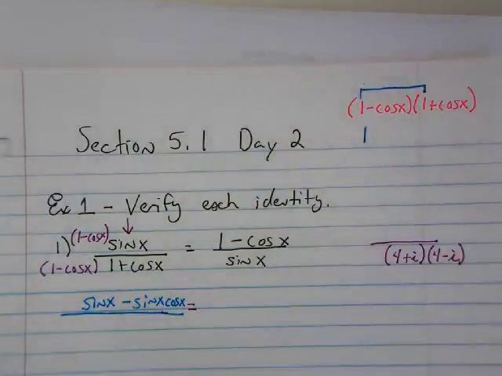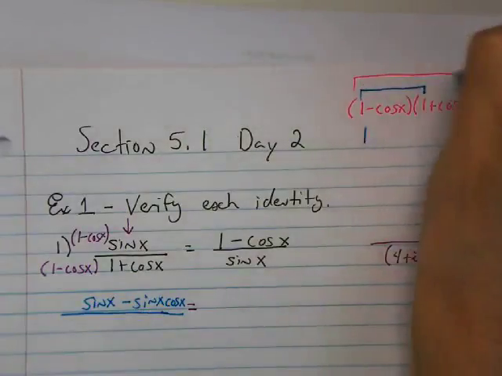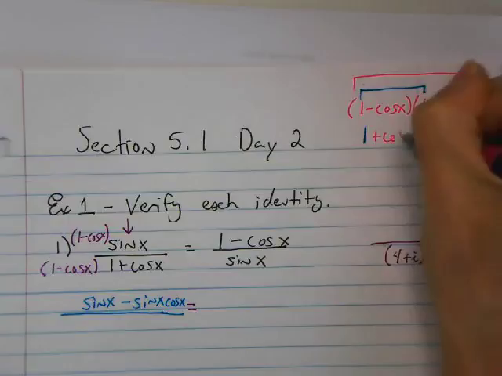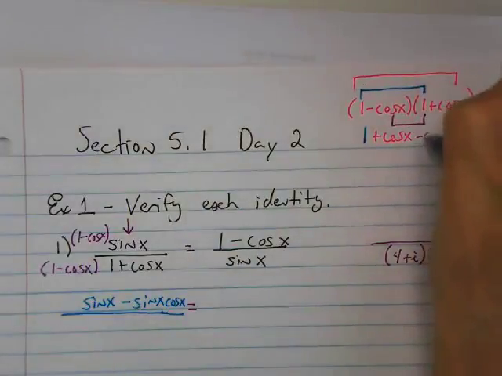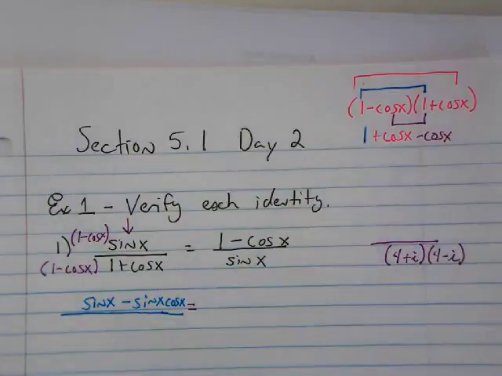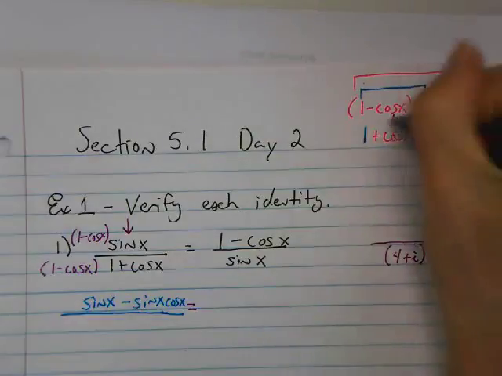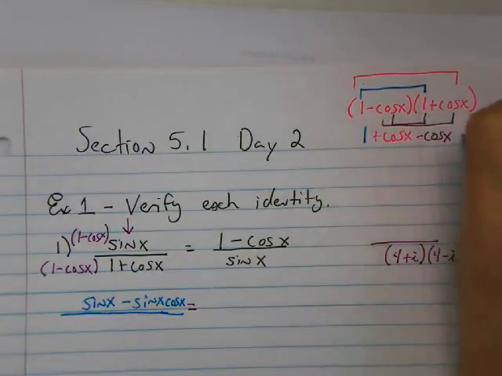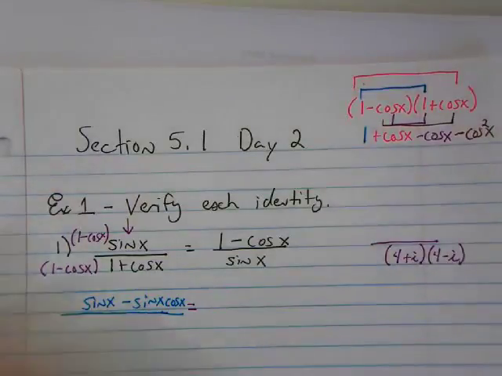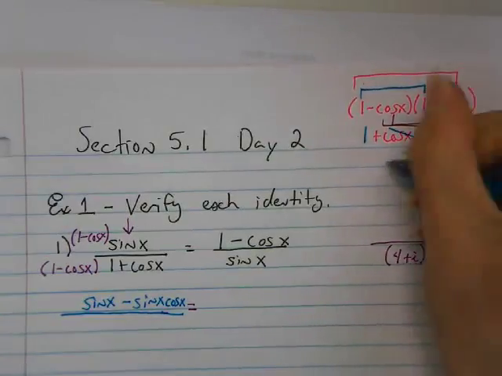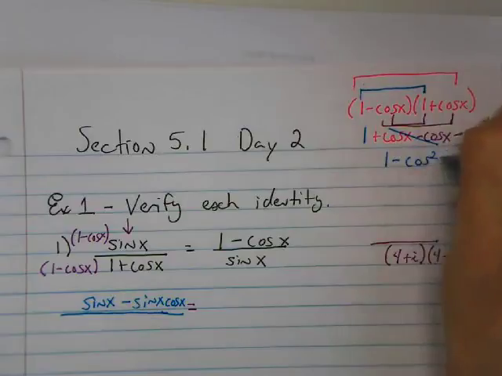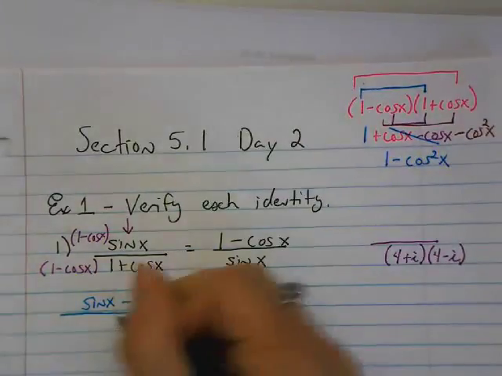Now I do my outer, plus cosine x, my inner, minus the cosine of x, the last, negative cosine x times positive cosine x is negative cosine squared x. So what happens to your middle terms? Cosine x minus cosine x goes away, and I get 1 minus the cosine squared of x. That becomes my denominator.